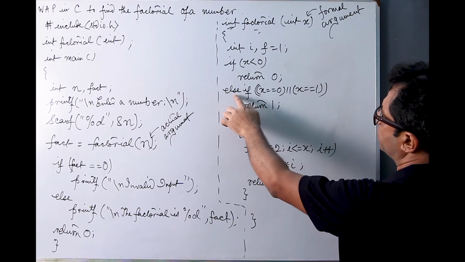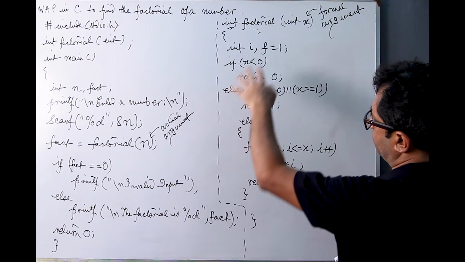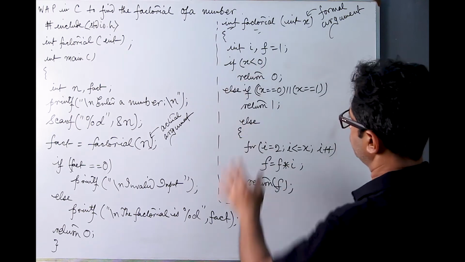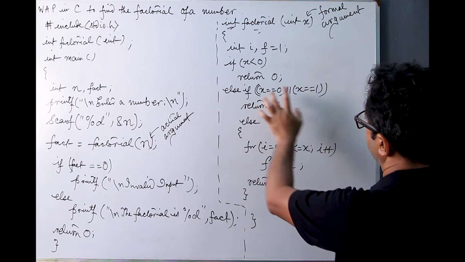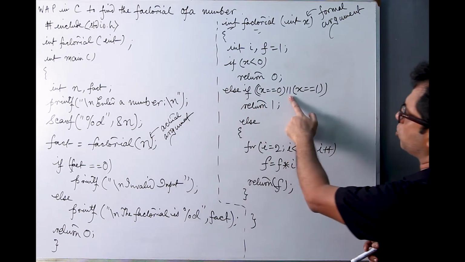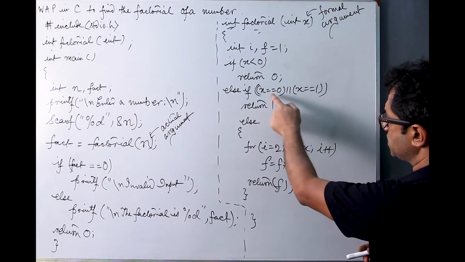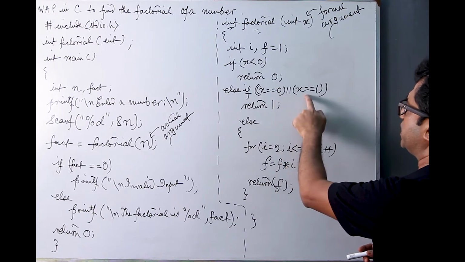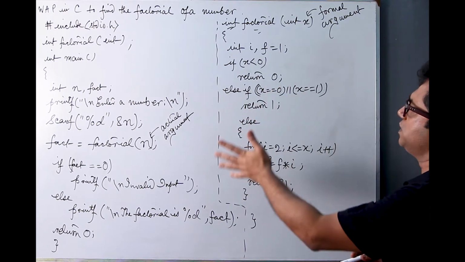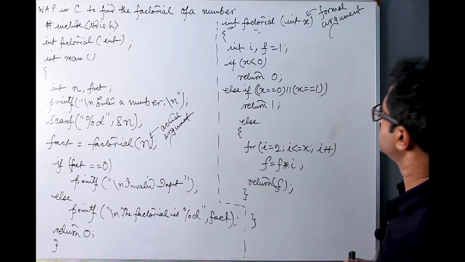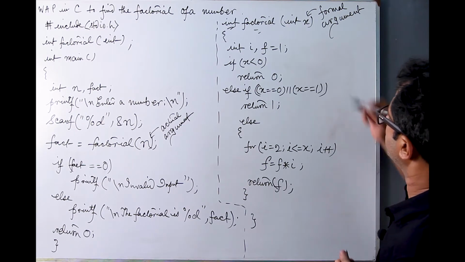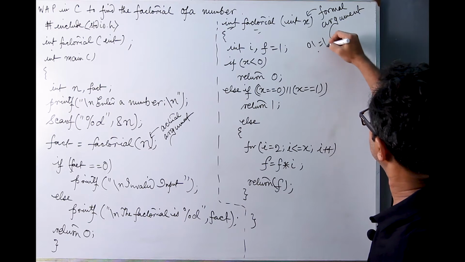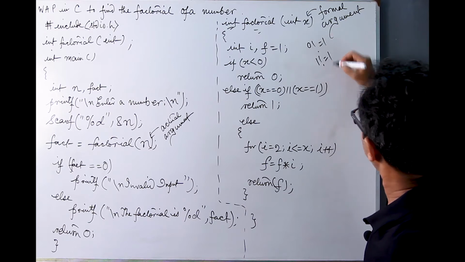Then after that we have implemented an if-else-if ladder to implement the logic. So this else-if contains two conditions separated by a logical OR. That is, if x equals 0 or x equals 1, that is, if the user gives the value of n to be 0 or 1, in both the cases we know that the factorial of 0 is always 1 and the factorial of 1 is also 1.